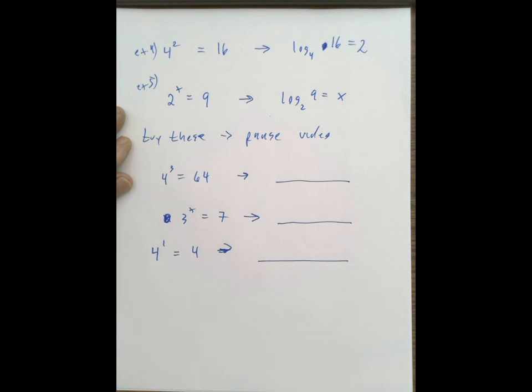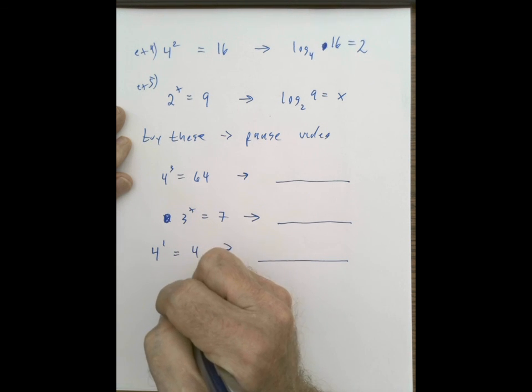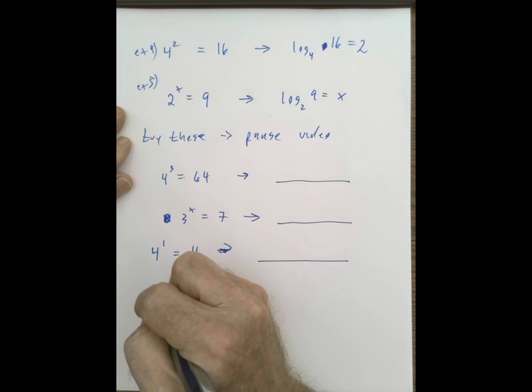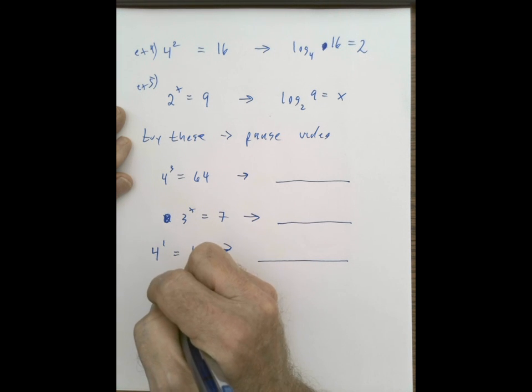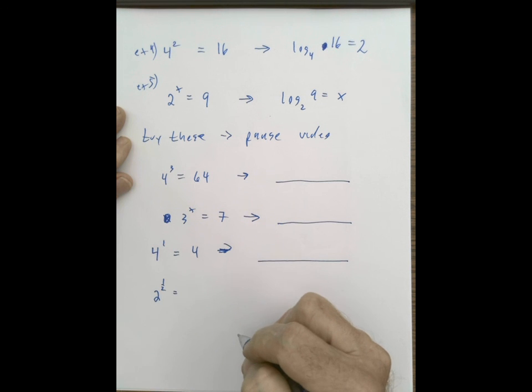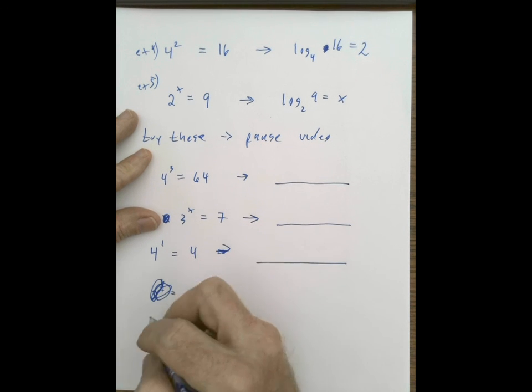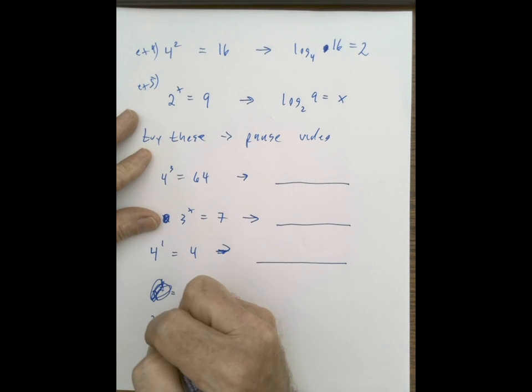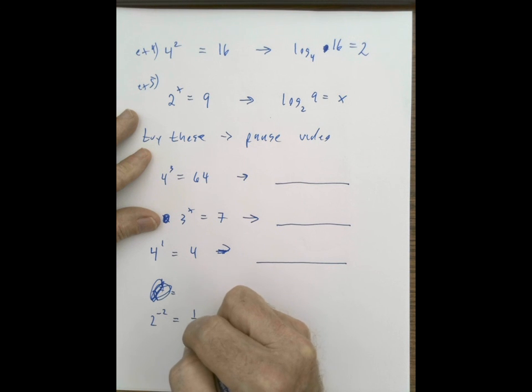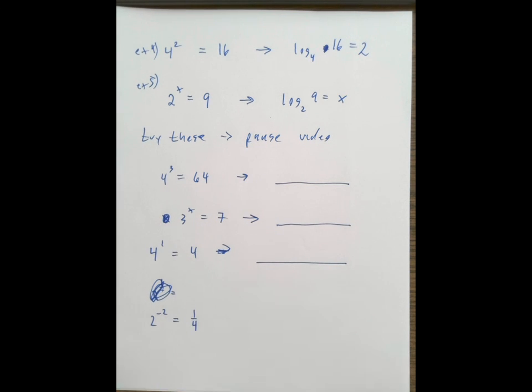Let's see if you can get this one, keeping in mind the log values we had before. 2 to the -2 is equal to 1/4. Write that as its equivalent log value. Okay? All right, so go ahead, try those out, and when you're done, come back.